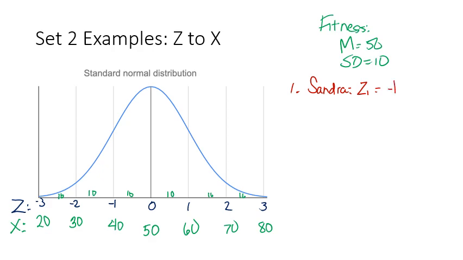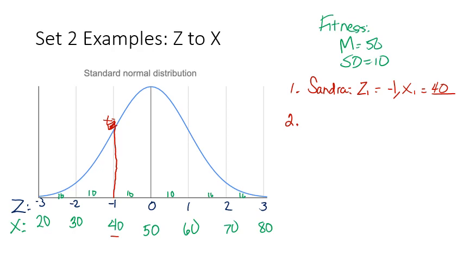Well, we can use the same thing to discover X in her case. And so if we have a -1 as the Z score, we can draw the line up, mark it, here's X1, and we can see that the score that corresponds with it is 40.